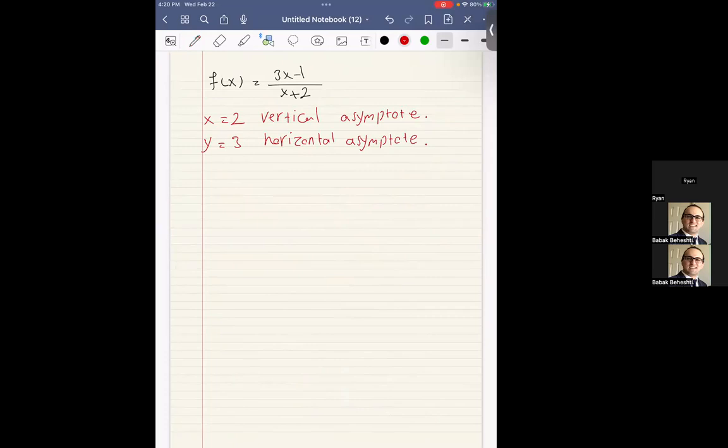Now we can draw the graph. So let me first draw y equal to 3 and x equal to 2. So y equal to 3 is like this. Let me draw the line.